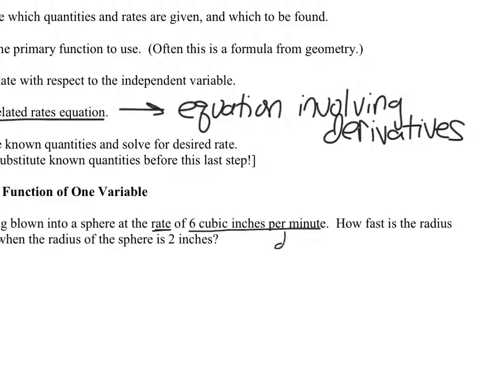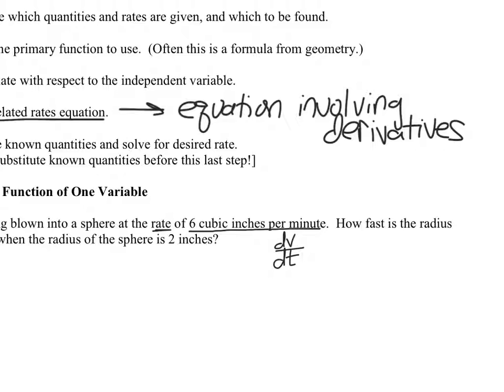So this would be a rate of change of volume per unit of time, on an instantaneous level. The only time it would be an average rate of change is if they said average rate of change in the problem. If the word average is not in there, then we assume it's an instantaneous rate of change and therefore a derivative. So they're giving us a dV/dt, rate of change of volume per unit of time.